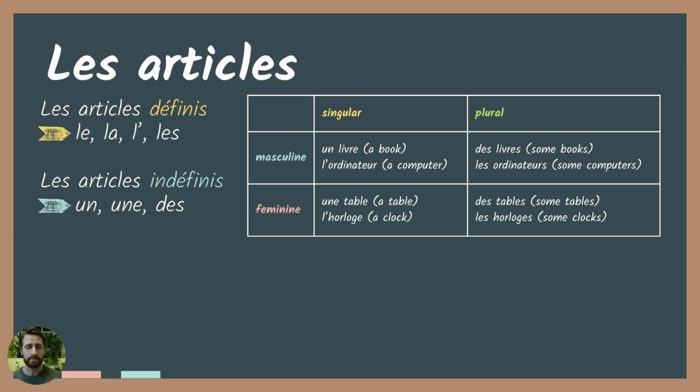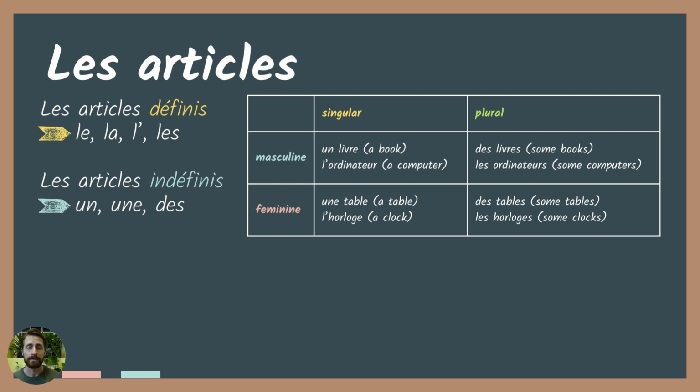So in this case, we could also say le livre and l'ordinateur. The reason why we're using that L apostrophe is because this begins with a vowel sound. And it's important to remember that it's a vowel sound, not that it starts with a vowel. Although in this case, it does start with a vowel and a vowel sound.